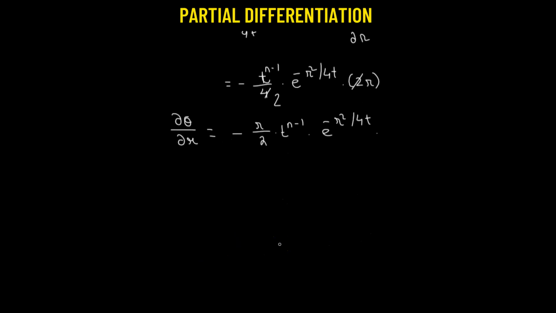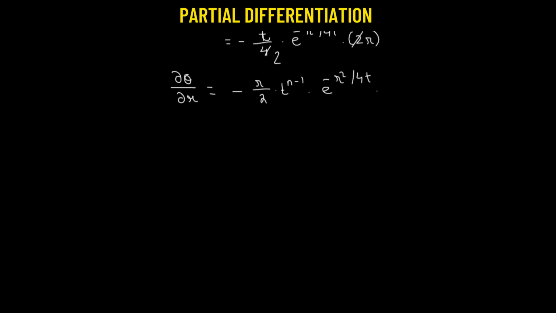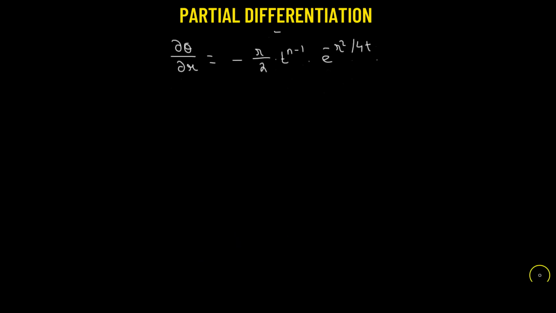Now we will multiply both sides of the expression by r squared, and this gives us r squared times the partial of theta with respect to r, which equals negative r cubed divided by 2 times t raised to the power of n minus 1 times e raised to the power of negative r squared divided by 4t.